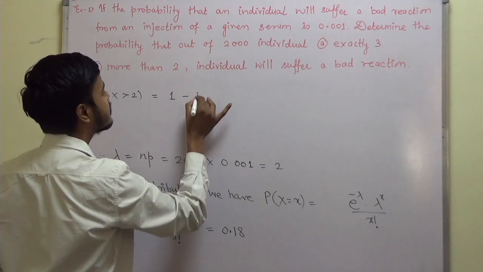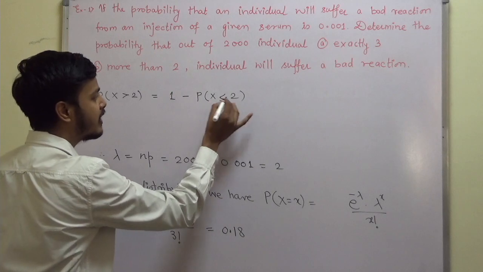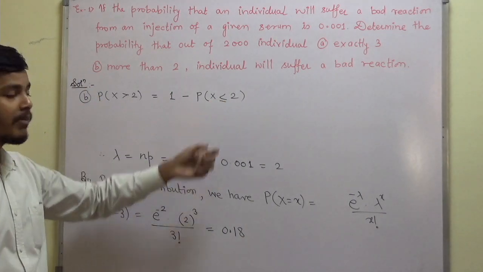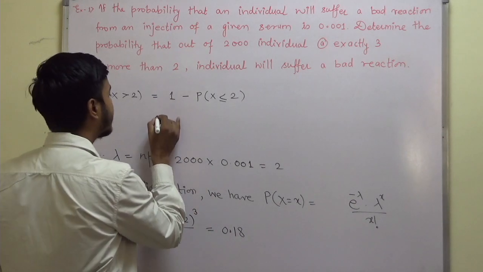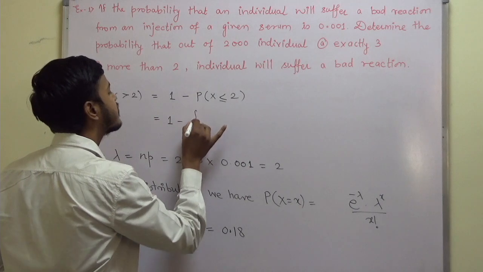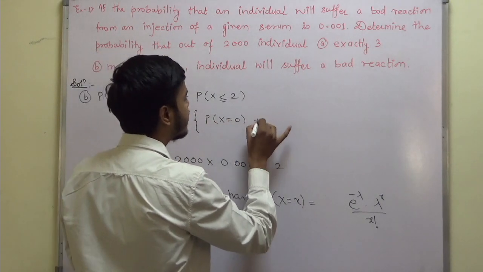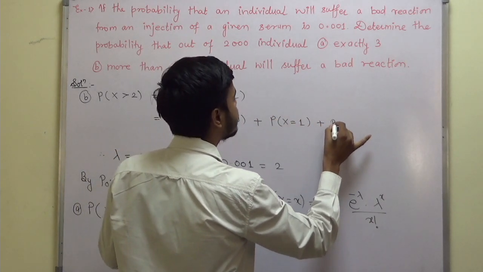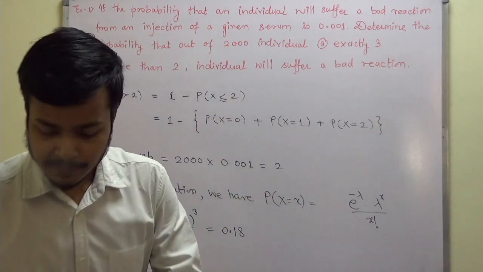So 1 minus probability of x less than or equal to 2, because its negation is 1 minus x less than or equal to 2. So this is 1 minus, probability of x is equal to 0 plus probability of x is equal to 1 plus probability of x is equal to 2.